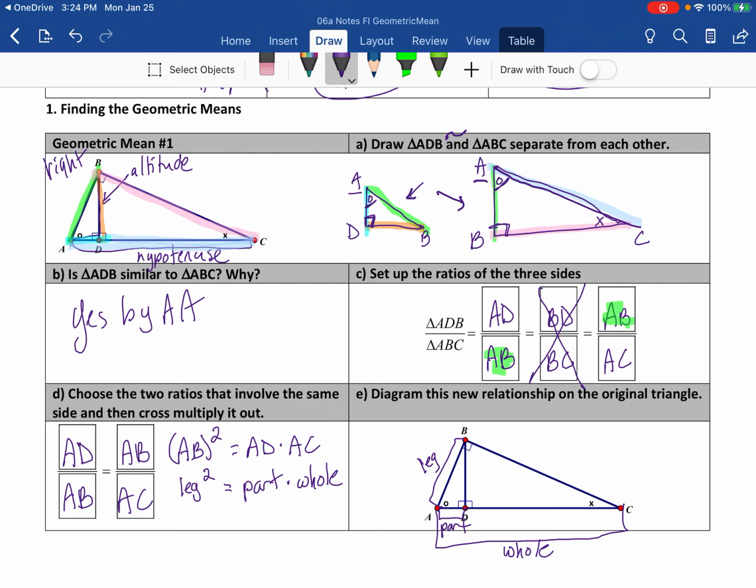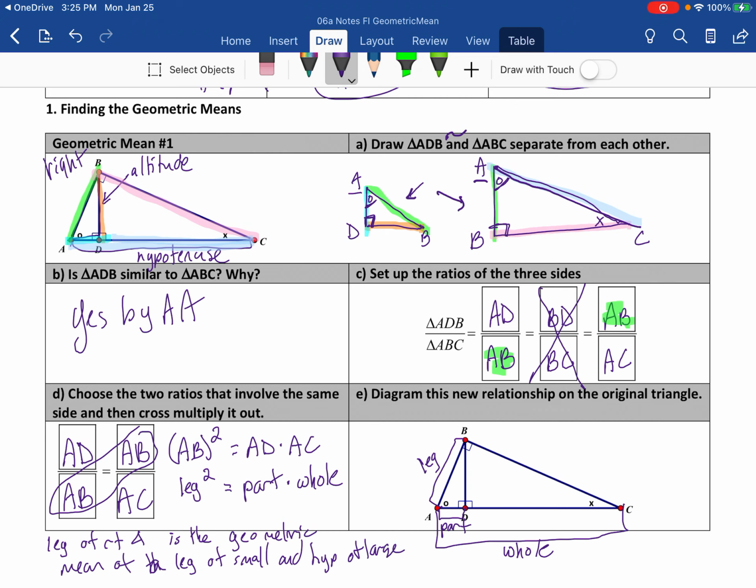Now, how does this relate to geometric mean? Well, right here is how it relates. The leg of your right triangle is the geometric mean of a leg of the small and hypotenuse of a large.